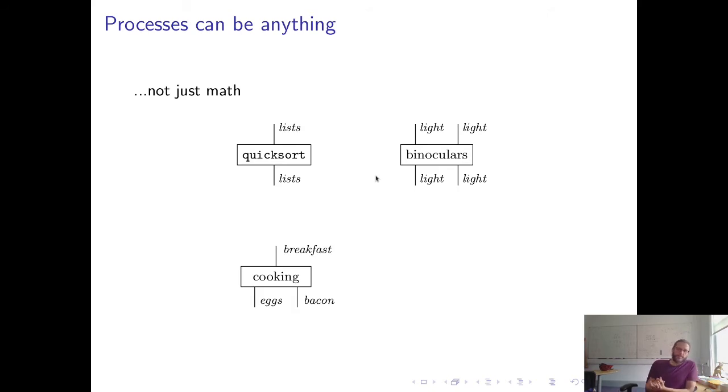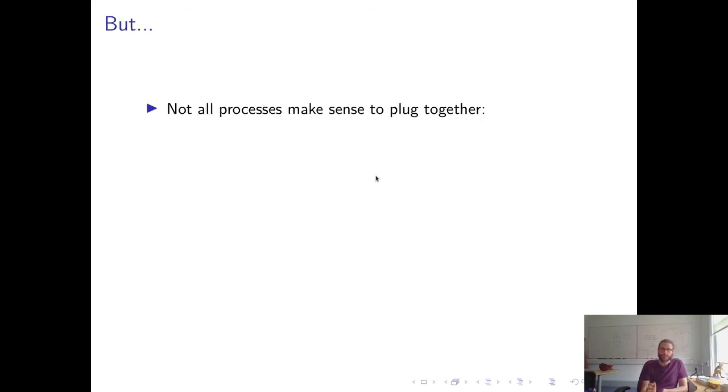Cooking is a process. So here's a very special recipe, right? So here I've got eggs and bacon coming in the bottom and breakfast coming out the top. It's a perfectly good process. And baby is a process. And as we all know, a baby is a process which converts food and love into noise and poo. Right?